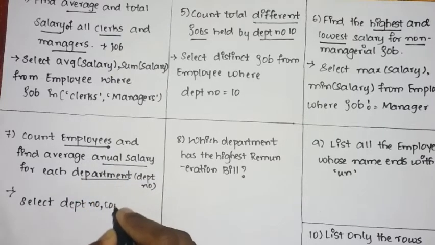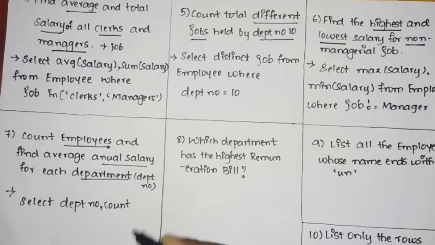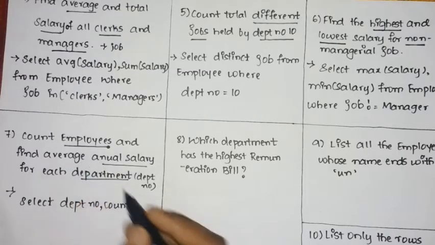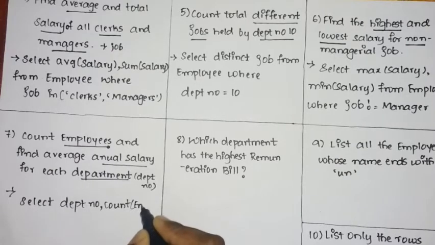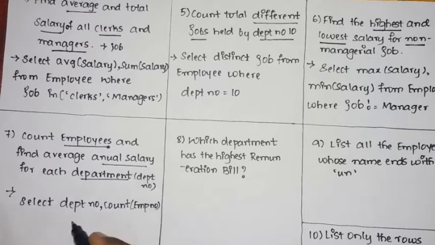Again we have used one more aggregate function, that is count of. The count of function is used to count. So here you need the count of employees. So count employee number, in short we shall write it as EMP number. Then after that you need to find the average salary. Average salary is calculated as average of salary, then the name of the table, that is from employee.